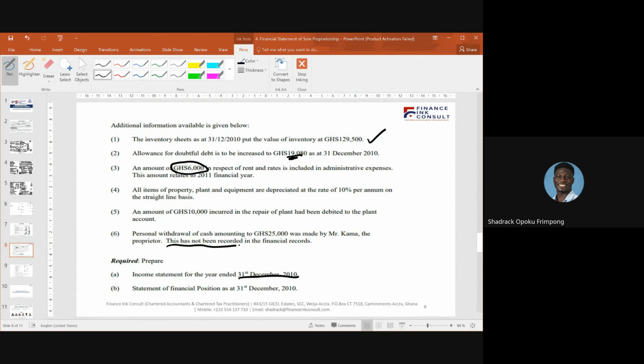This transaction was not recorded. So this takes us back to our previous lecture that there are some errors that might occur, and those errors might not affect the trial balance. The error will be in there, but the trial balance will still balance. Right? And we have error of what? Omission. So this is one of them. So this is an error of what? Omission.